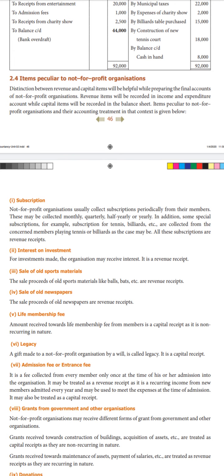Those kind of interest on investments will occur maybe yearly, right? So automatically that comes under revenue receipt. Basically, any receipt or payment which is made for a particular accounting period, we call it revenue receipt or payment.